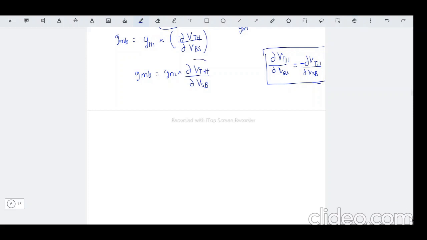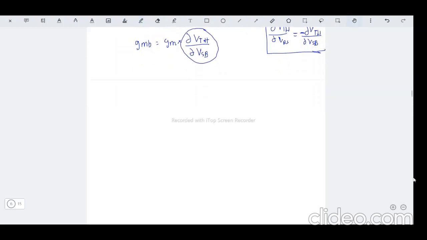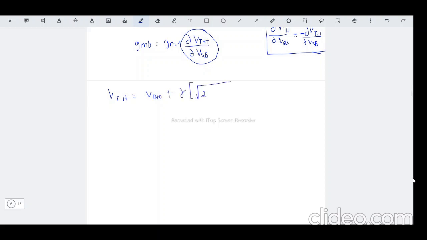Now we have to find what this evaluates to. So let us write the threshold voltage expression, which is VTH is equal to VTH0 plus gamma times of square root of (2 phi f plus VSB) minus square root of 2 phi f.